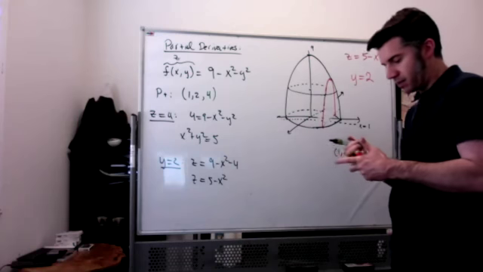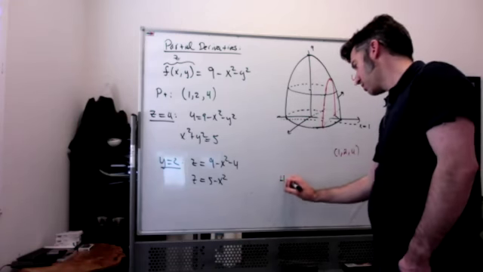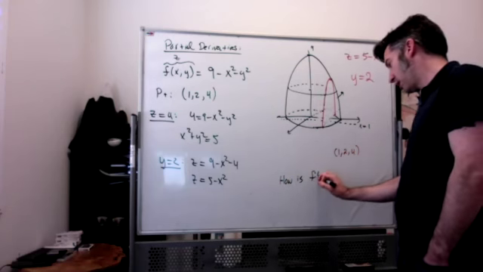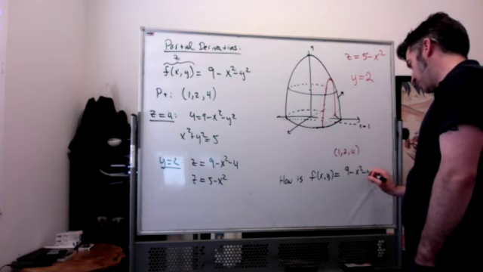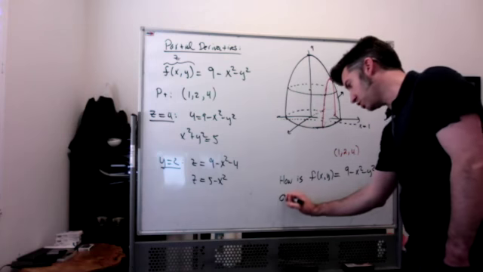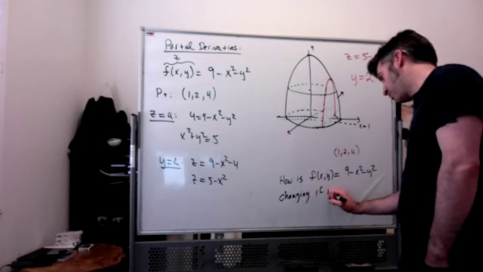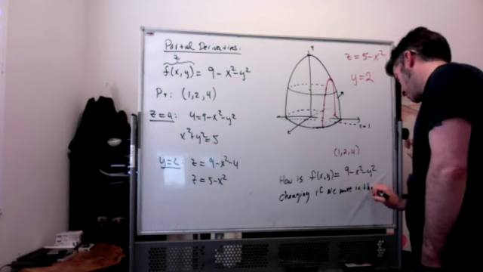We can ask how the function f of x, y equal to 9 minus x squared minus y squared is changing if we move in the direction of x.